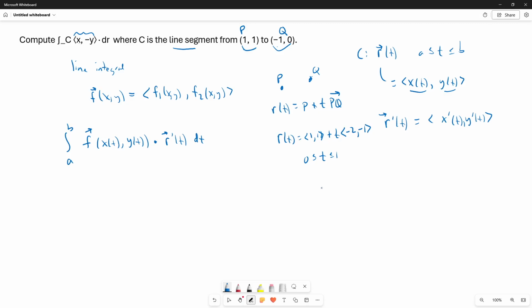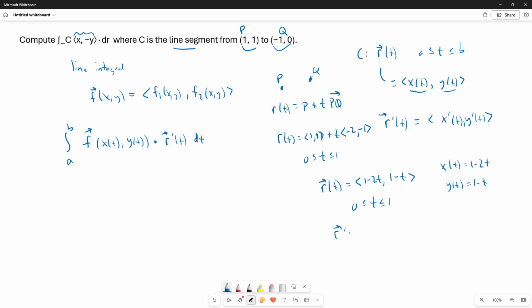Let's combine this. r of t is equal to: the first component is 1 minus 2t, and the second component is 1 plus t times negative 1, that's 1 minus t. So this is r of t, and that means x of t is 1 minus 2t, and y of t is 1 minus t, where t goes between 0 and 1, as already mentioned.